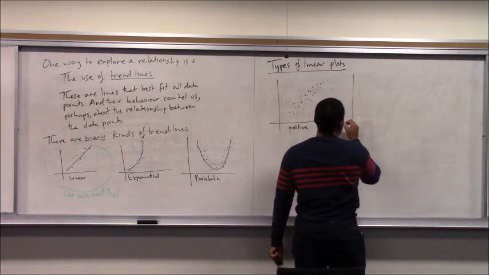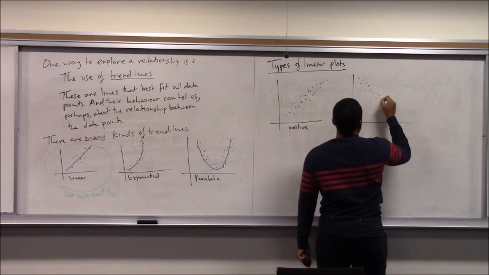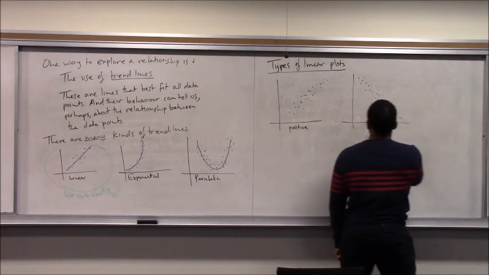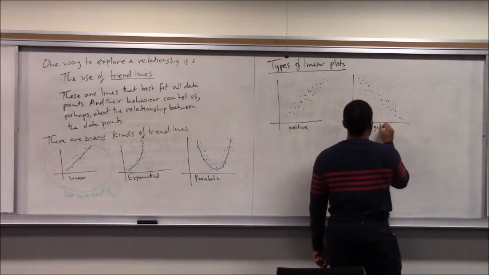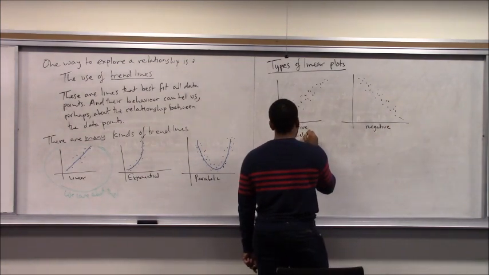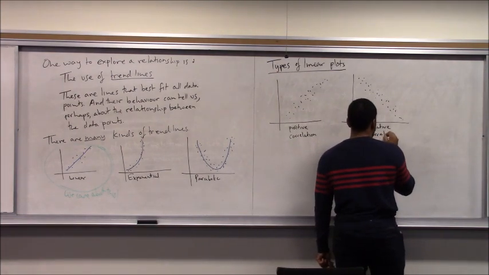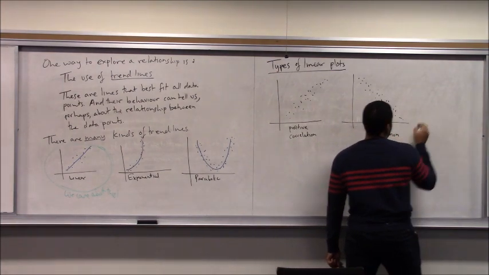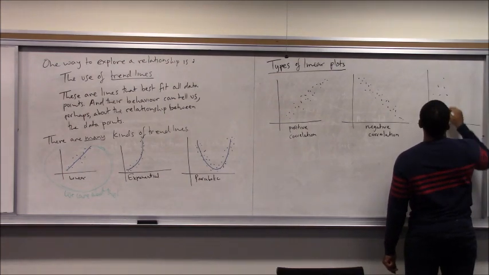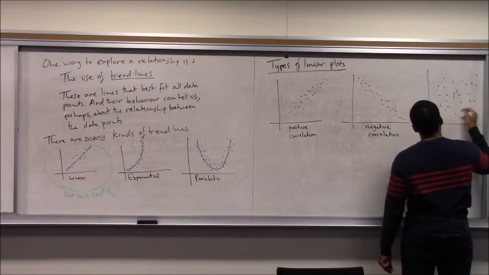You can have the opposite relationship. As one thing increases, the other will decrease. This is called having a negative relationship. So this is called a positive correlation. This is called a negative correlation. You can also have no discernible relationship, where things are just all over the place, no particular trend anywhere.